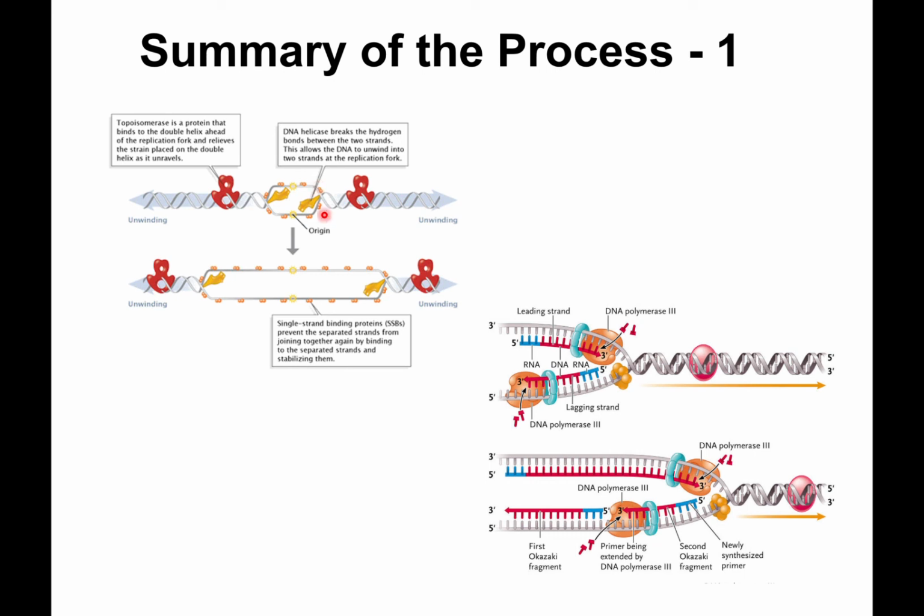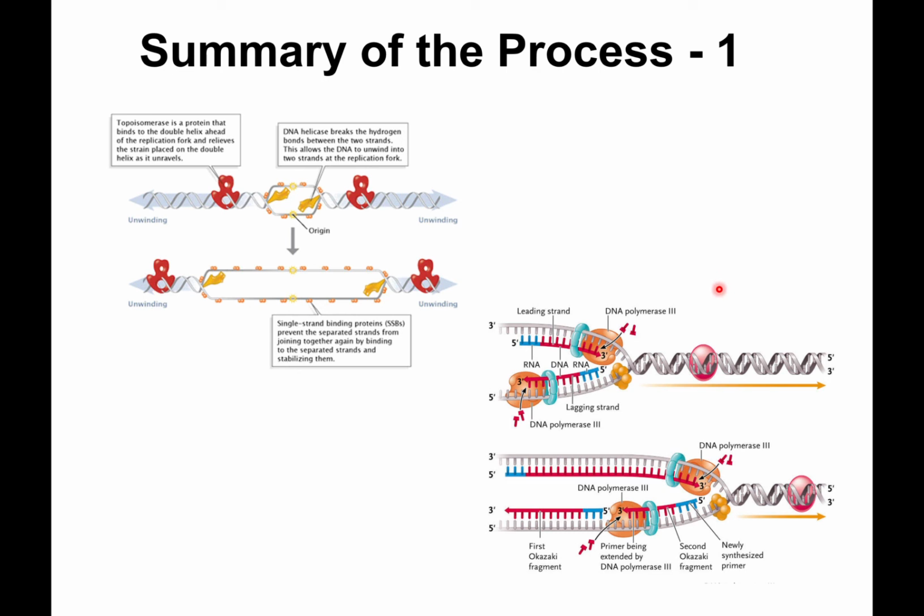Now, second set of proteins, the single-stranded DNA binding proteins, or SSBs here, they keep the 2 strands separated, and then topoisomerase here releases the tension that is building ahead of the replication fork. After that, elongation takes place.